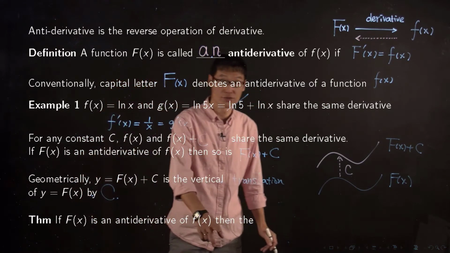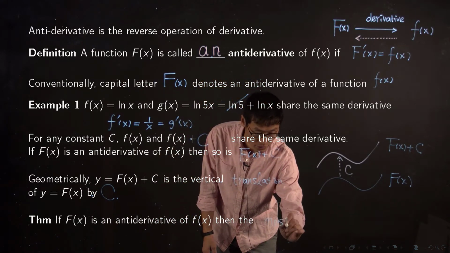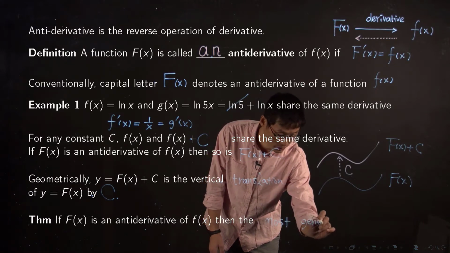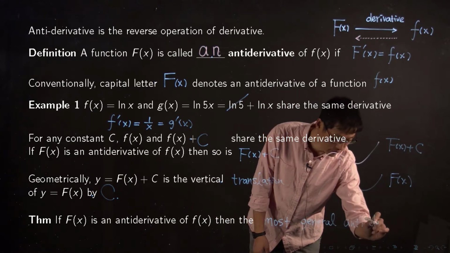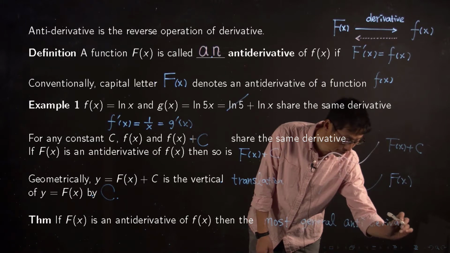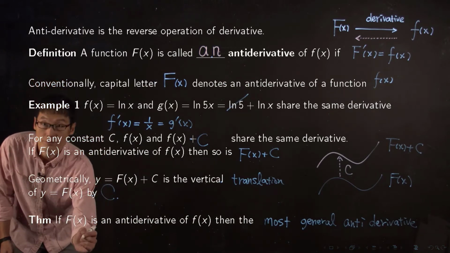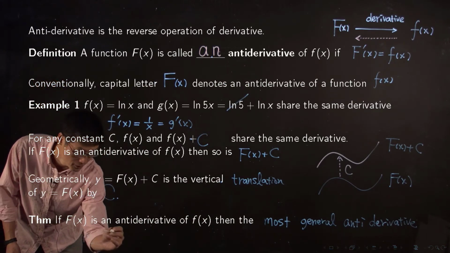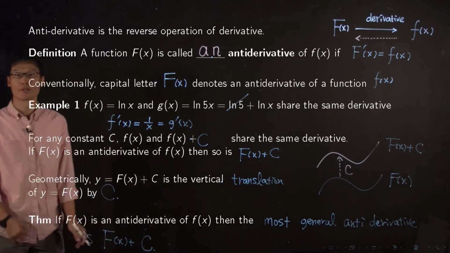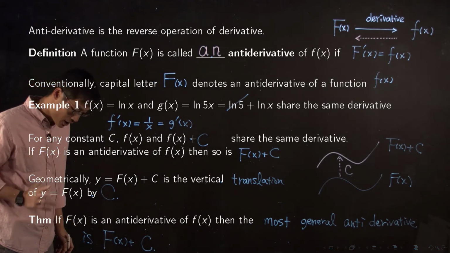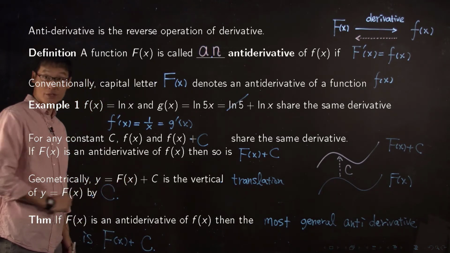So if capital F is an antiderivative, then the most general antiderivative is capital F plus C. From now, we are going to use capital C to indicate infinitely many such antiderivatives.